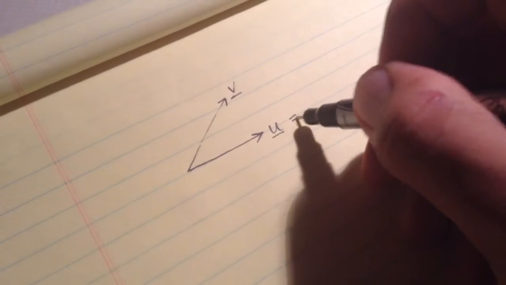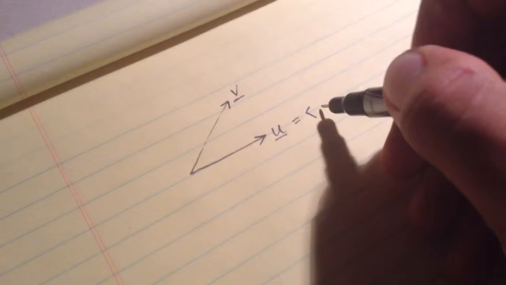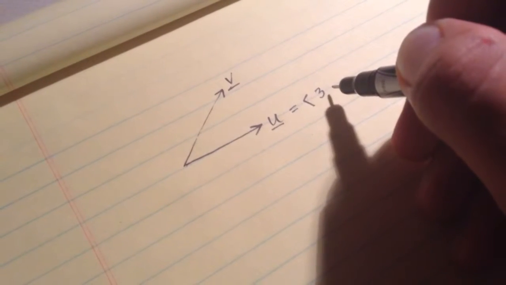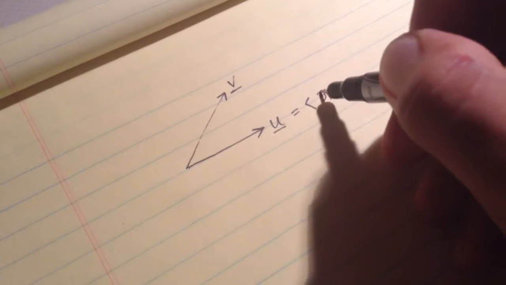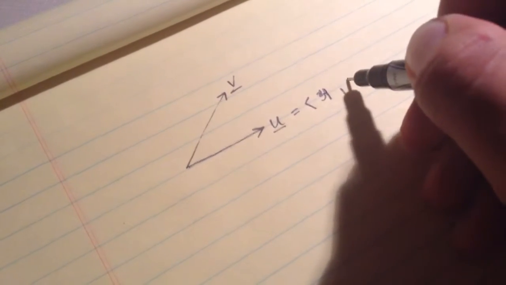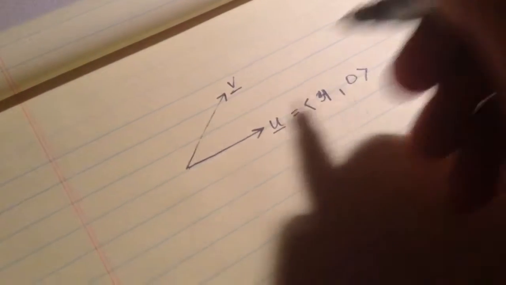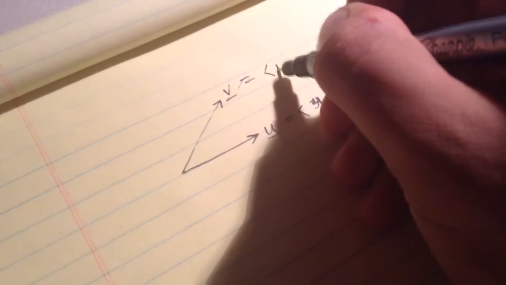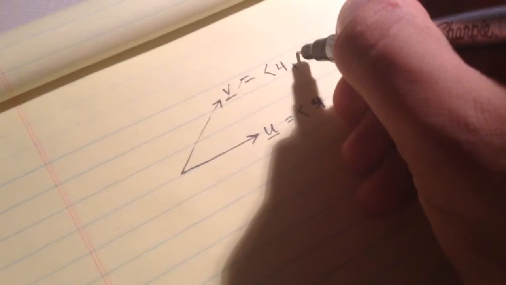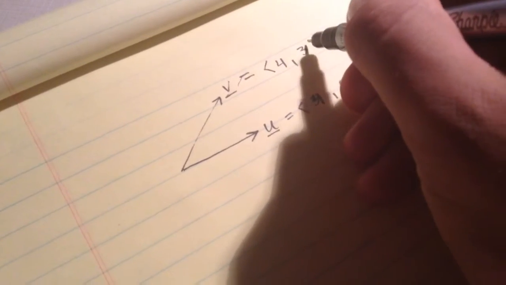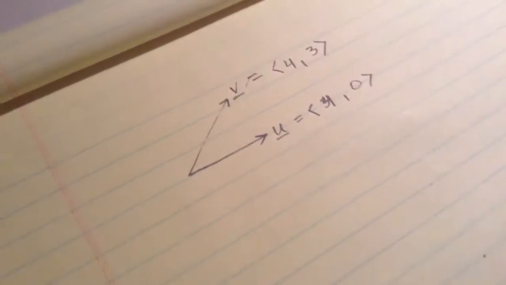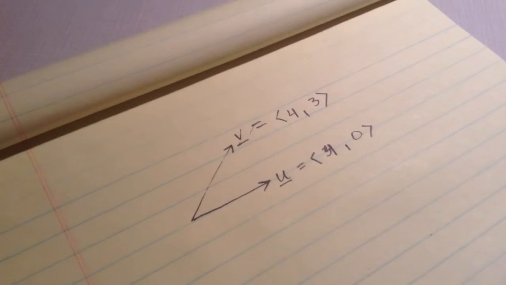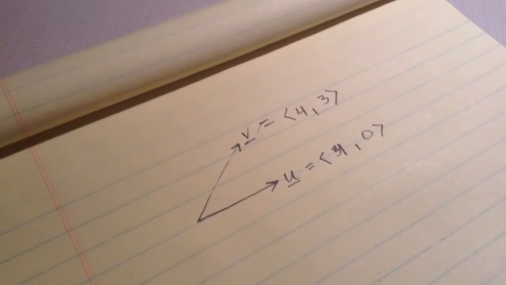And let me guess, u would be equal to something like 3, oh actually let's make it 4, just to make it 4 comma 0 in the y direction, and v would equal 4 in the x direction, 3 in the y direction. Okay, now how would you dot these two vectors, and what does it even mean?